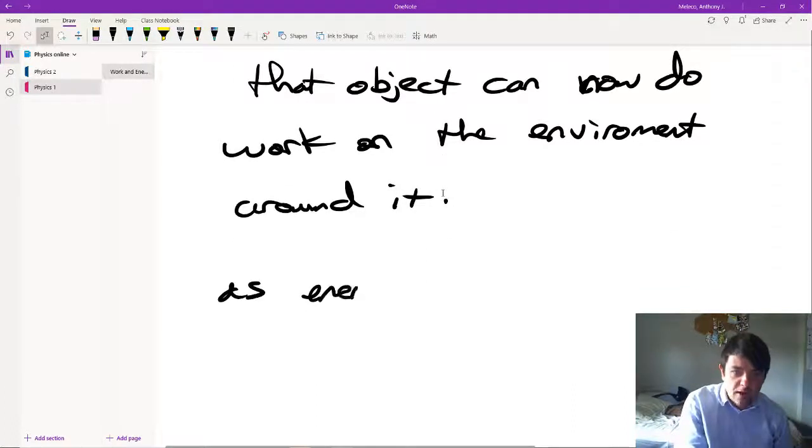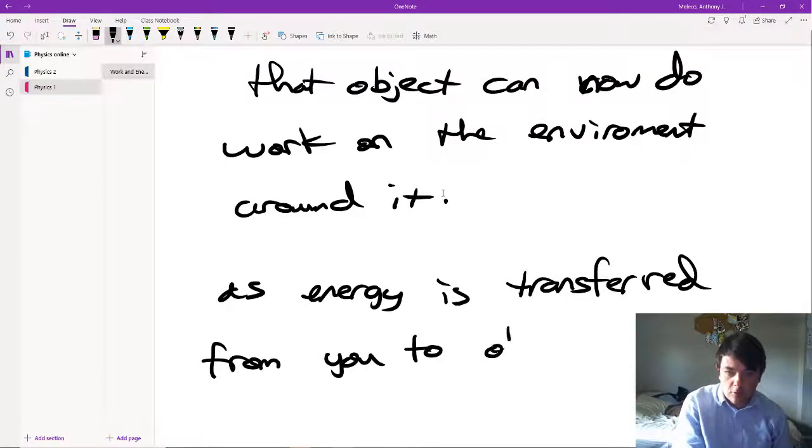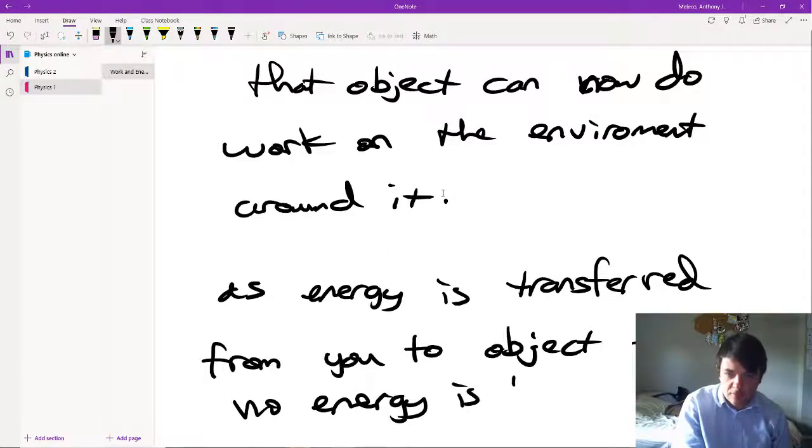So as energy is transferred from you to object to environment, no energy is lost, okay?